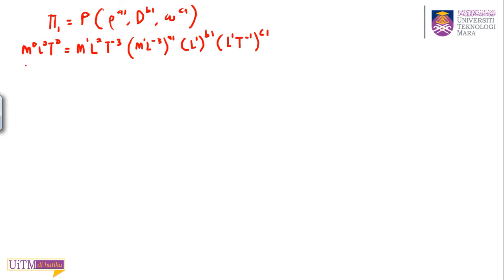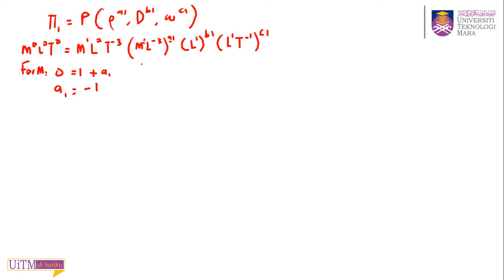Now we solve one by one. For M, 0 equals M1 plus 1 times A1, so A1 will be equal to minus 1.